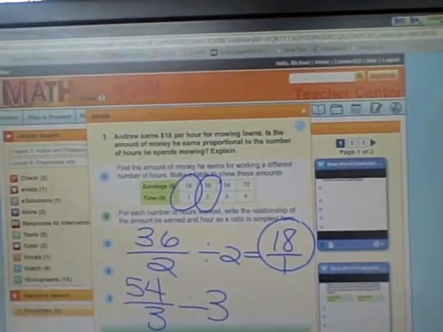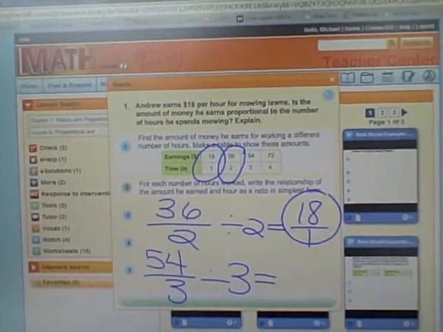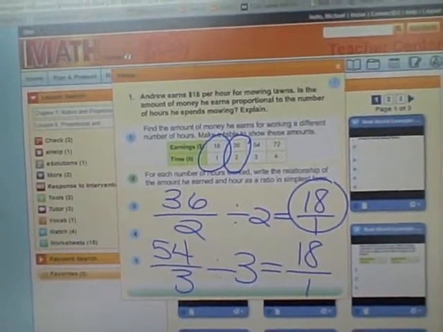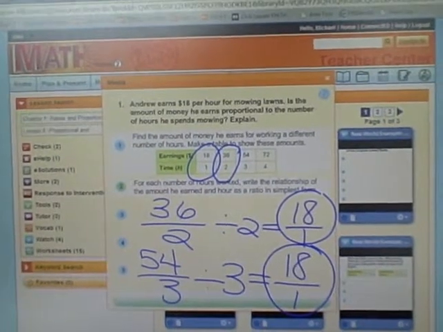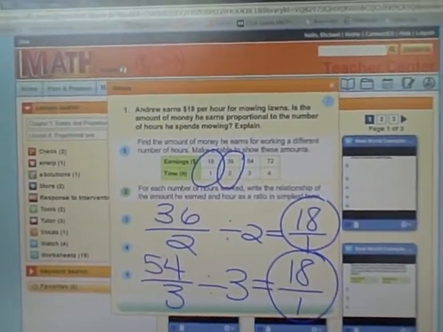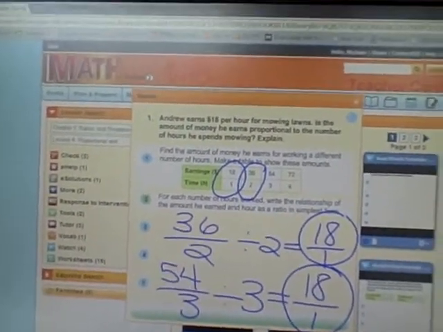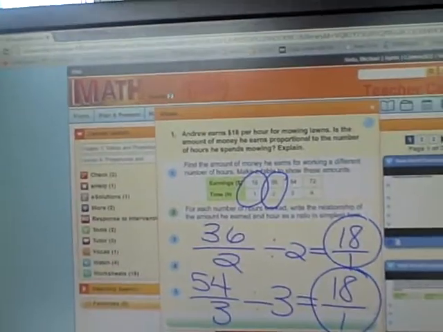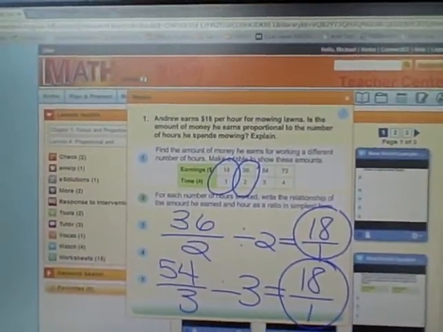Yes, divide them both by 3. 54 divided by 3. 18 over 1. Wonderful. Do you see how you have the same unit rate every time you calculate it? If they're the same, is Andrew making proportional amounts of money? Yes. Wonderful. Make sense? Awesome.